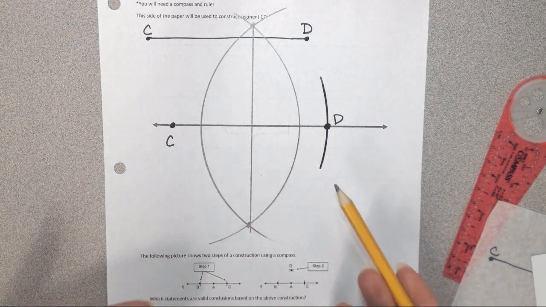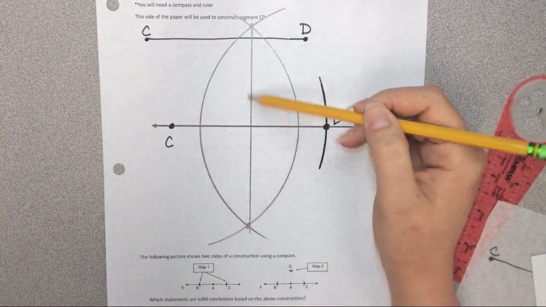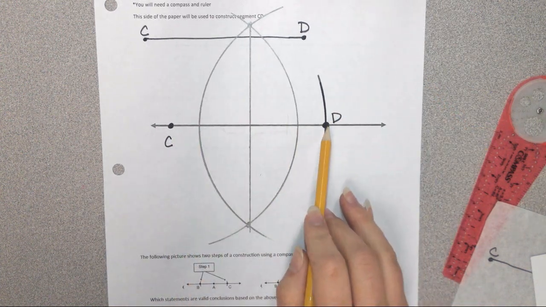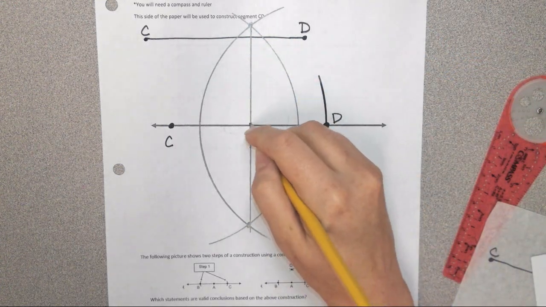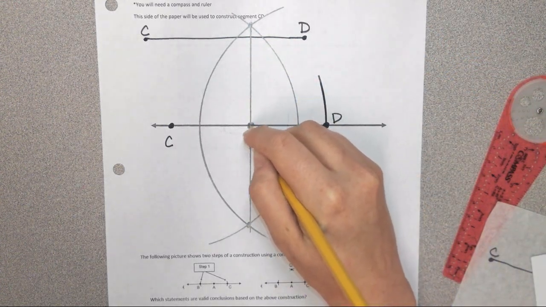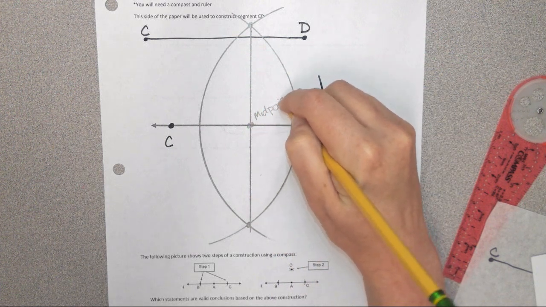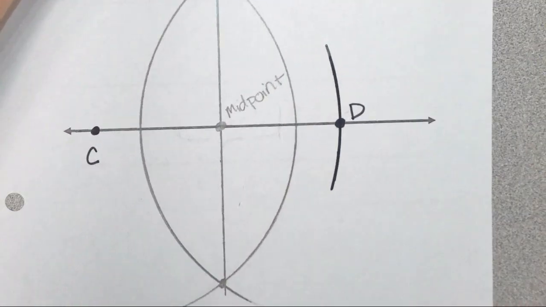As a reminder, a bisector is a line, ray, or segment that divides a segment in half. So this line is our bisector, which means that this point right here is our midpoint.